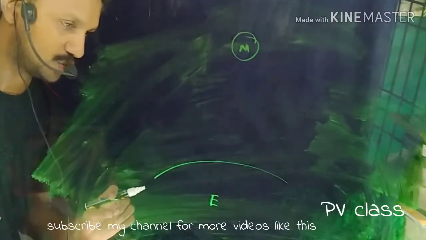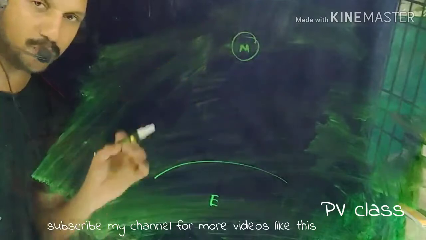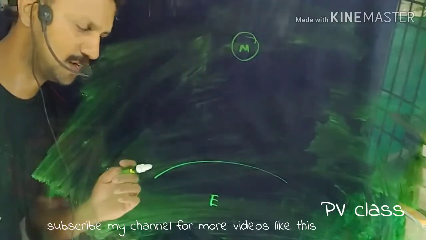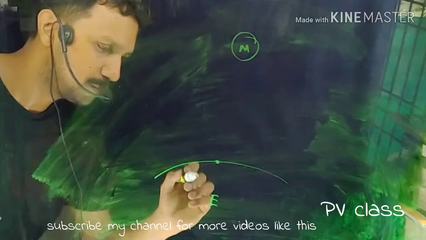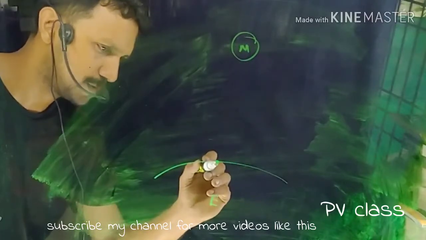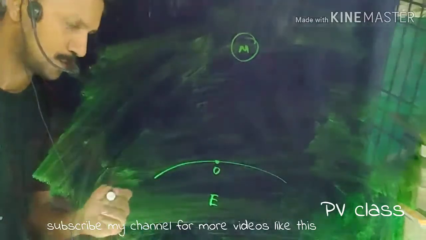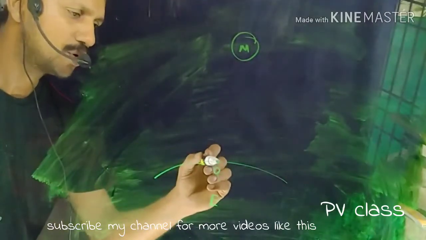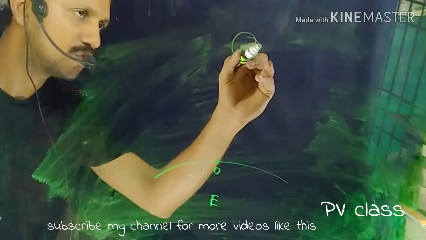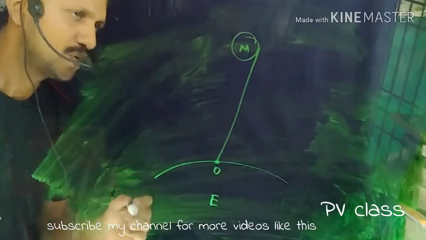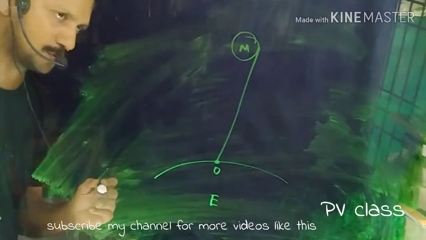Now our task is to find out the diameter of the moon. For that, we'll take our telescope to one point on the earth. Let me mark this point as O. Then from this point O, I'll focus the telescope to one end of the moon.